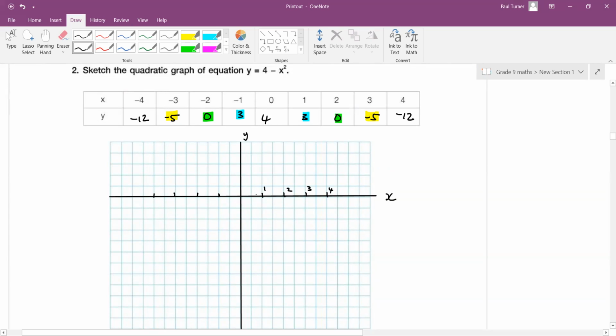You don't have to go 1, 2, 3, 4 using the small box. You can spread it out a bit. It makes the graph look a bit better. And then we've got to go down to minus 12.